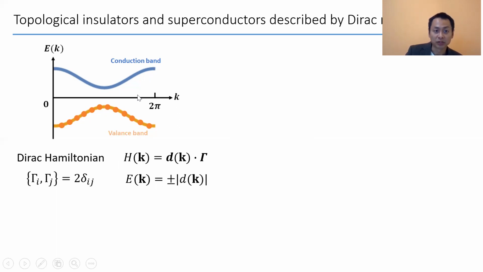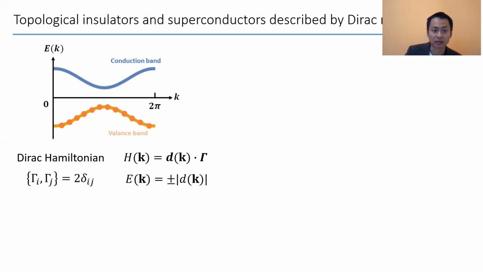So the general feature of this type of Hamiltonian is that after you diagonalize it, you have the spectrum gap that separates the valence band and the conduction band, as described by this energy band structure, and where these Dirac matrices have to satisfy this Clifford algebra.